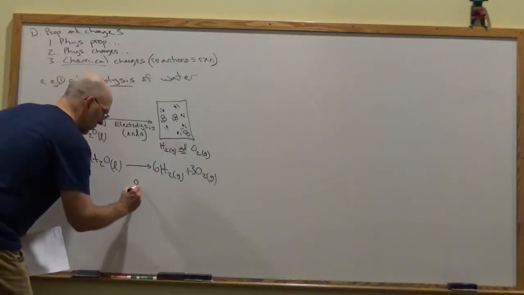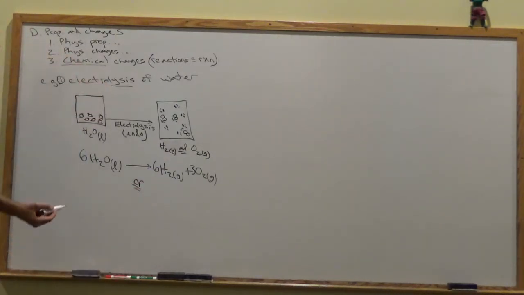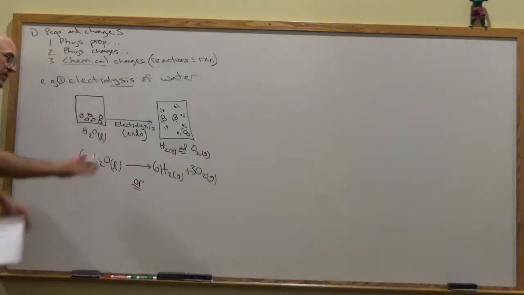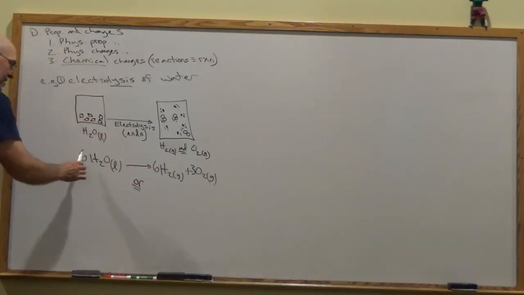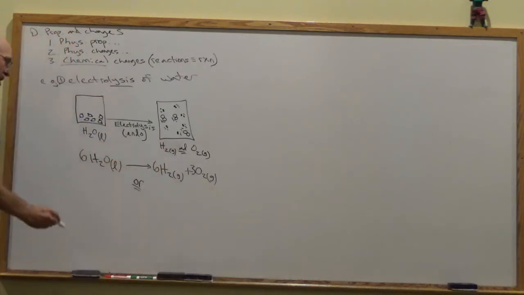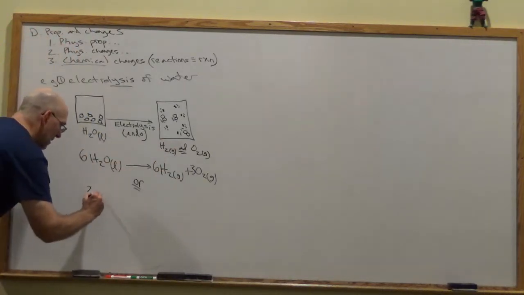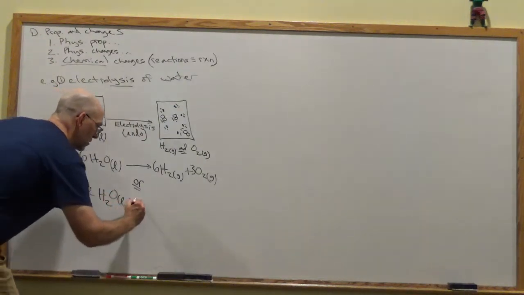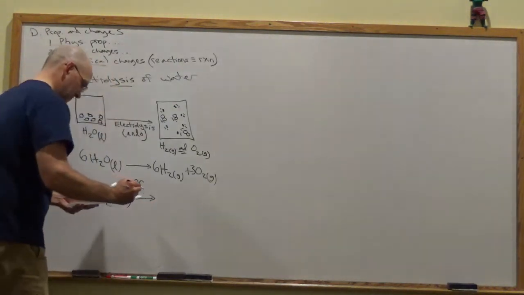And some of you see where we're going with this. The simplest way to represent this will be to reduce these coefficients down to their simplest ratio. A 6 to 6 to 3 ratio is better represented by a 2 to 2 to 1 ratio in its simplest form.